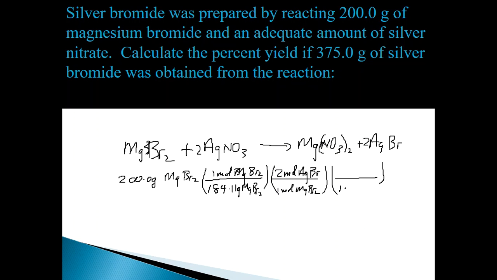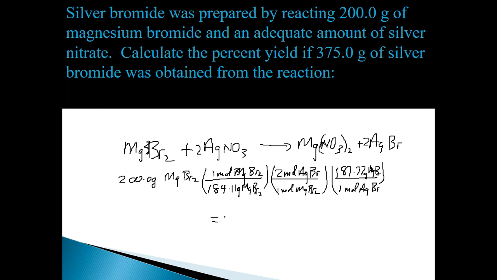So we're going to have 1 mole of AgBr below, and the molar mass of silver bromide above, which is 187.77 grams of AgBr, and you work that out.